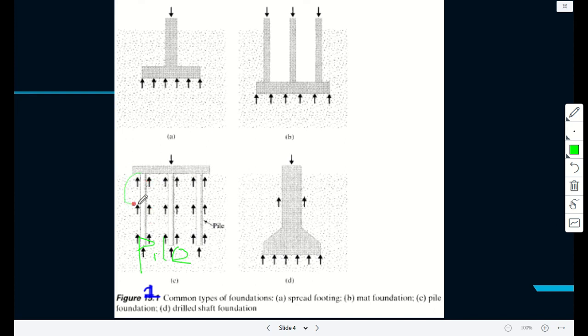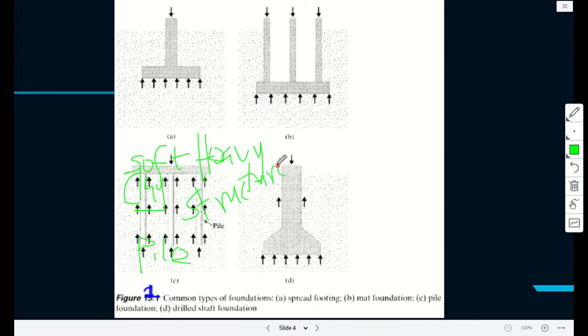Mostly if we have clay that is very weak, soft clay, then you go for piles. Soft clay, with very heavy structures.